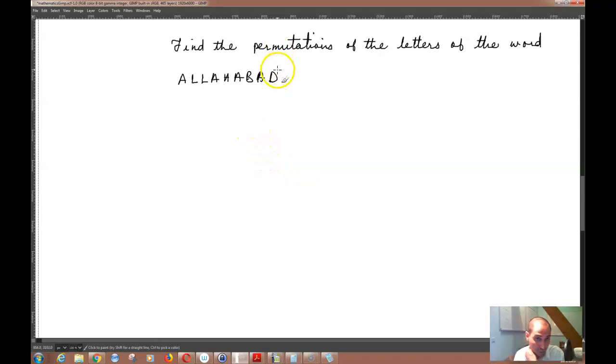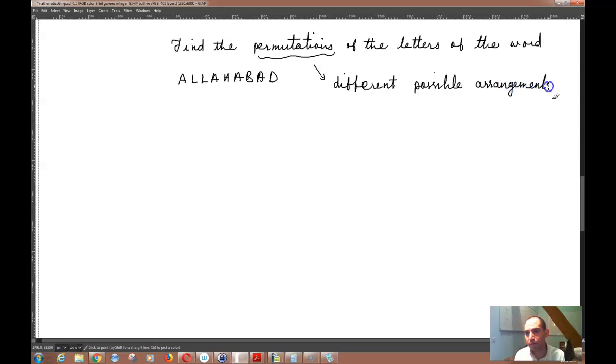Okay, so what this question means is that you want to find the permutations. Permutation means the different possible arrangements of the letters of the word Allahabad.